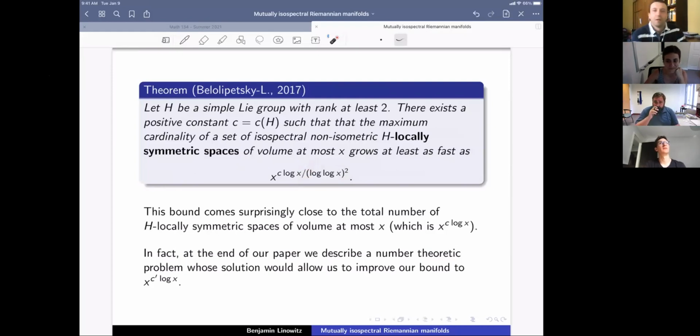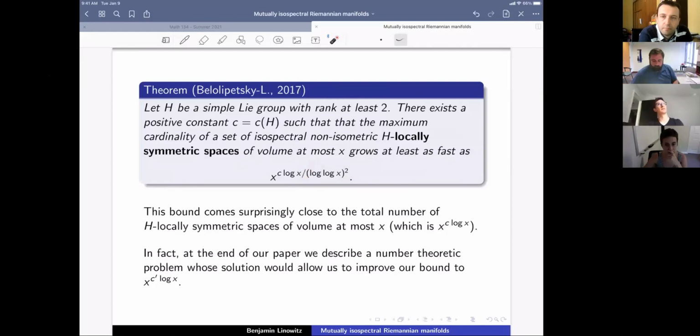Hi, Ben. Are there any other questions? So, the number theoretic problem you're talking about, class field towers, yes.